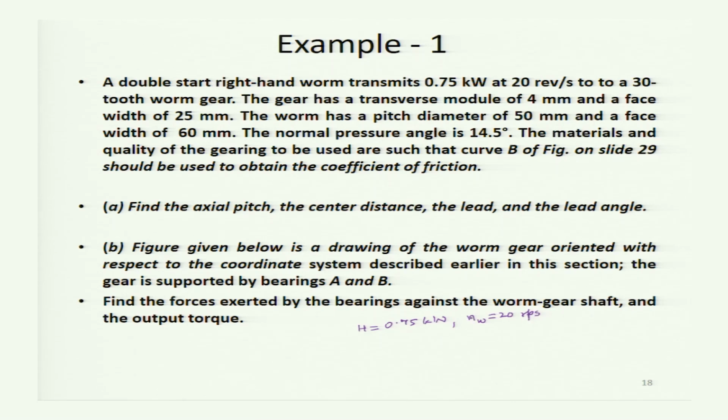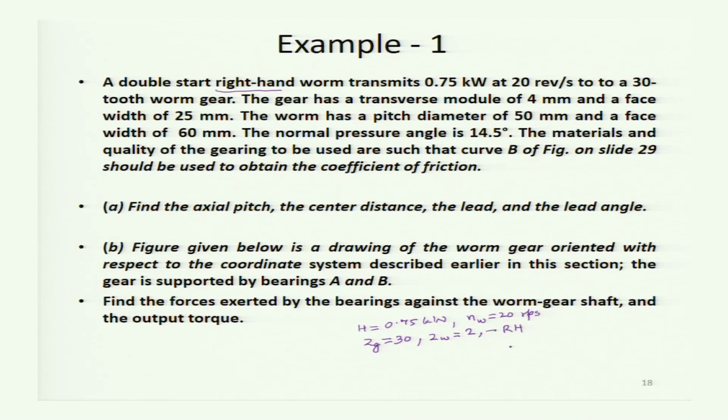The number of teeth in the gear, that means ZG, is 30, and the number of teeth on the worm equals the number of starts of the thread. A double start thread is there, and so ZW is 2, and the thread on the worm is right hand.